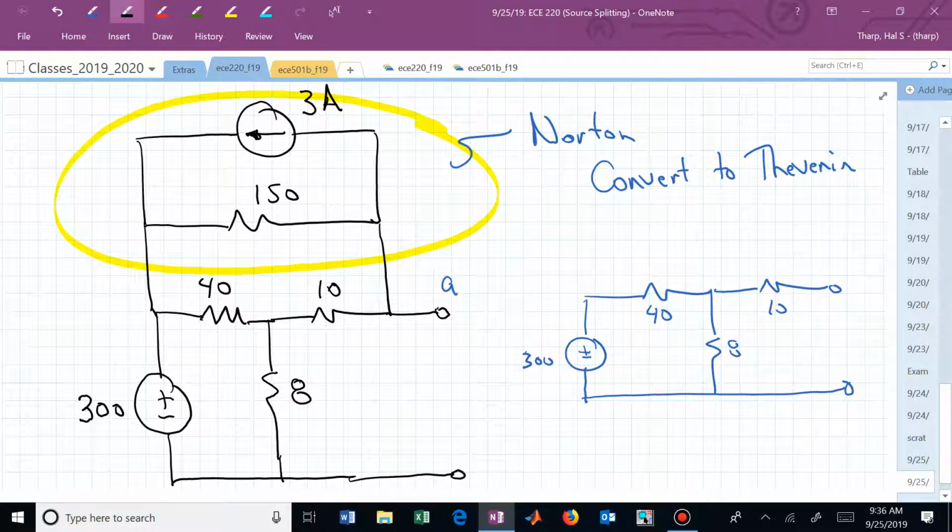If I convert a Norton into a Thevenin, what do I have? I'm going from parallel, a current source in parallel with a resistor. I'm converting that into a voltage source in series with a resistor. What will that look like?